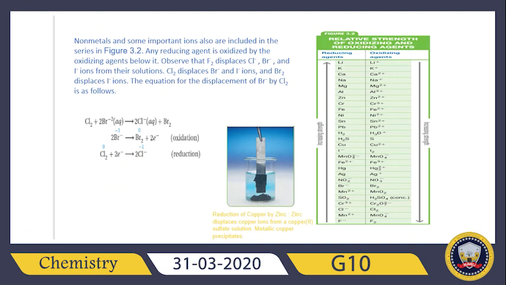So guys, here we can see that in every redox reaction there is one reducing agent and one oxidizing agent. In this example, the bromide ion is the reducing agent, while the chlorine is the oxidizing agent.